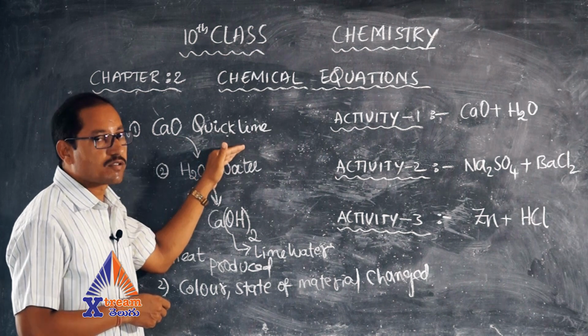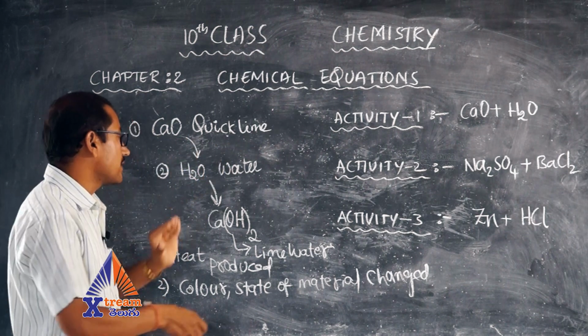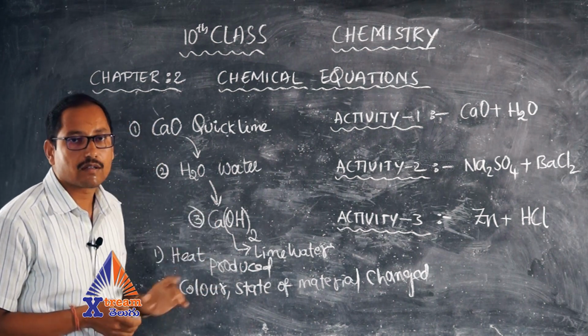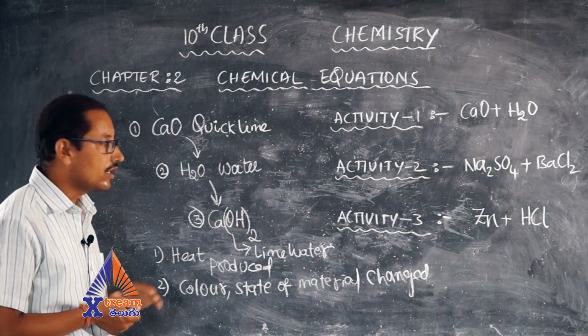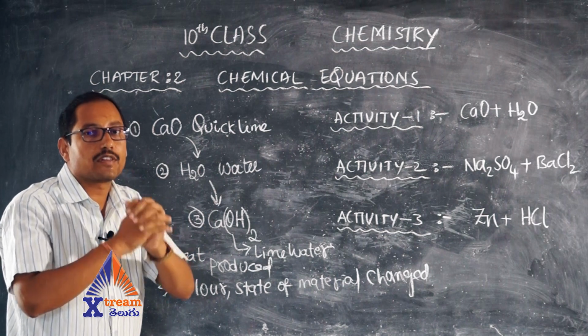Calcium oxide, which is also called quicklime, when it is reacted with water, we get a chemical, which is number 3 here. The first 2 chemicals are intermixing with each other.